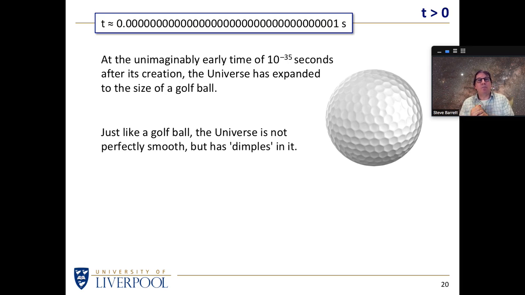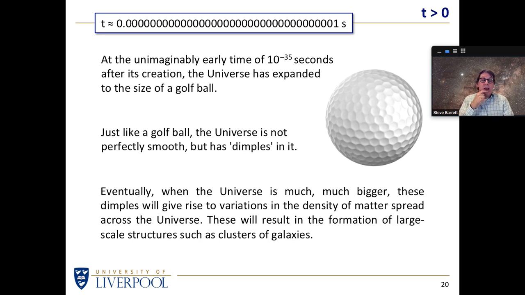And I'm using the dimples in a golf ball just as a sort of analogy to that. And it's those dimples, those variations in density, such that when the universe has become very, very large, it's those density variations that eventually give rise to matter collapsing and forming stars and galaxies. And we'll see a little simulation of that a little bit later.